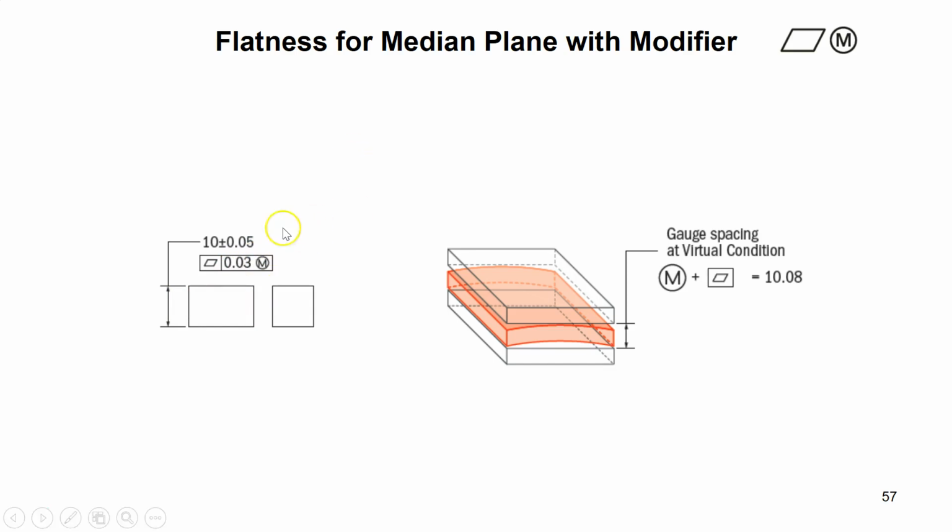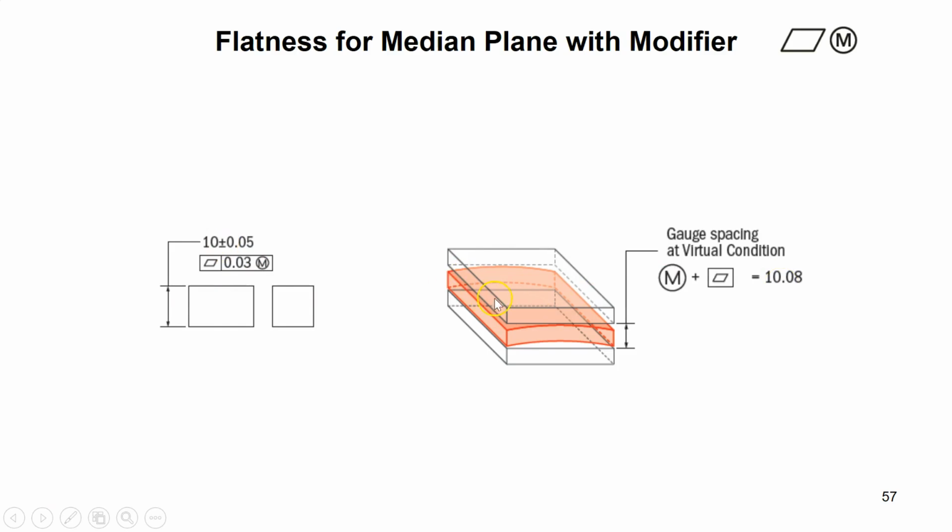It means, hey, if I make the biggest box possible with a height of 10.05, still the midplane can be bent for a gap of 0.03, so the maximum height that I need to put the entire box in is going to be what? 10.08, which is the MMC value, which is 10.05, plus the tolerance zone of 0.03. This is the size of the box that I need to keep this object inside.